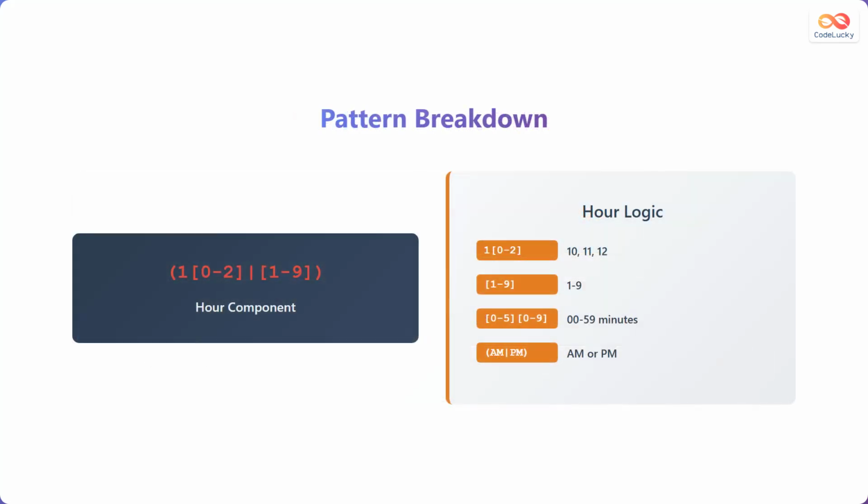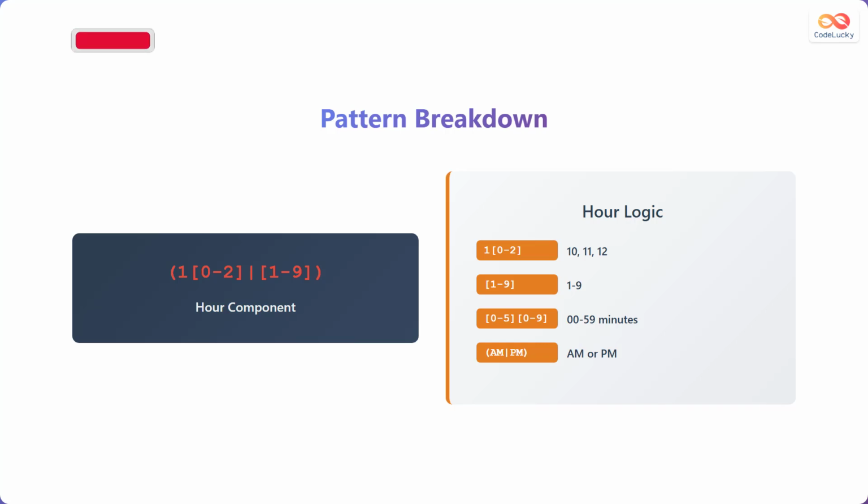Now let's break down the 12-hour format pattern. The first part of the pattern is (1[0-2]|[1-9]). This section focuses on matching the hour component of the time. The expression 1[0-2] matches hours 10, 11, and 12.